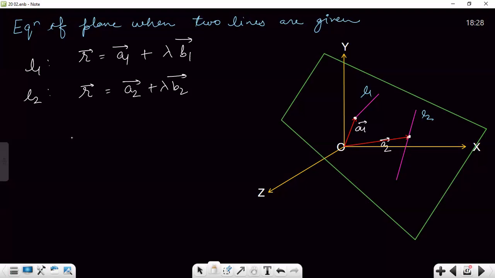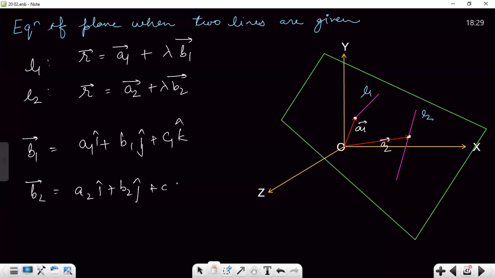Let's consider b1 vector and b2 vector. b1 vector is a1 i cap plus b1 j cap plus c1 k cap, and b2 vector is a2 i cap plus b2 j cap plus c2 k cap. So this is the b1 and b2 vector.